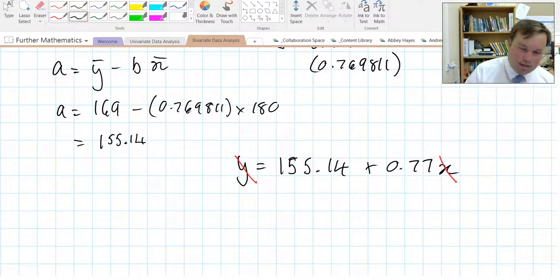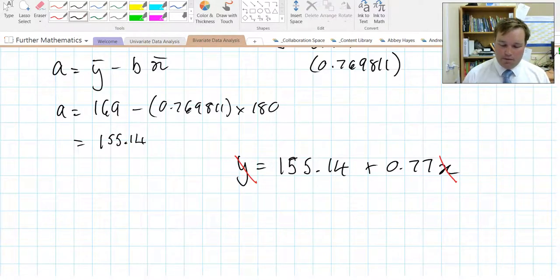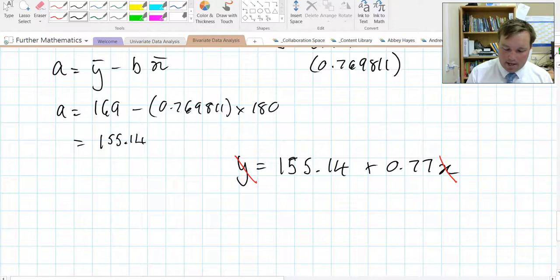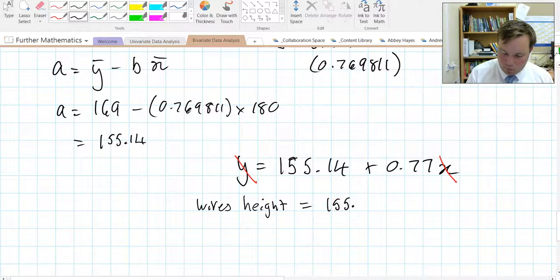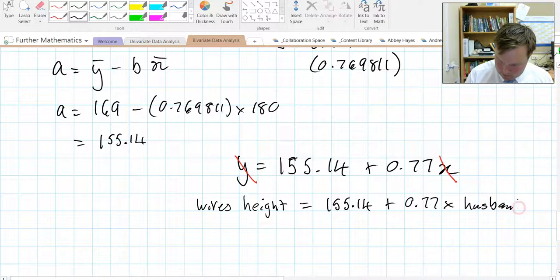It wants you to use the names of the variables. So here we would say wives' height is equal to 155.14 plus 0.77 times husband's height. Then you get the mark.